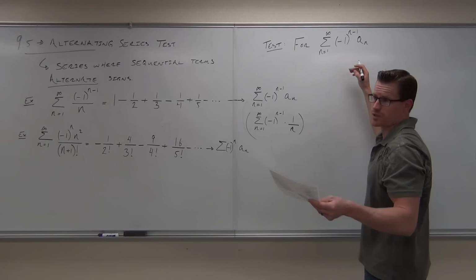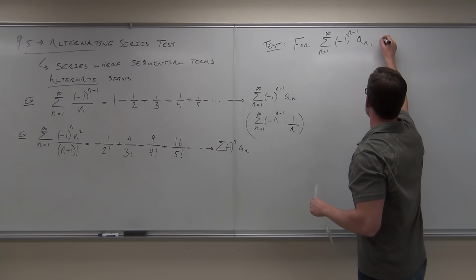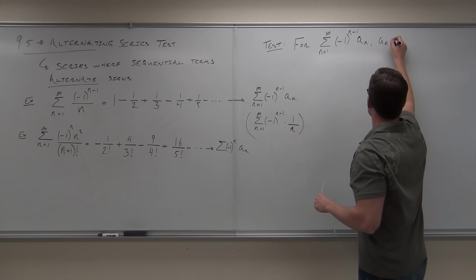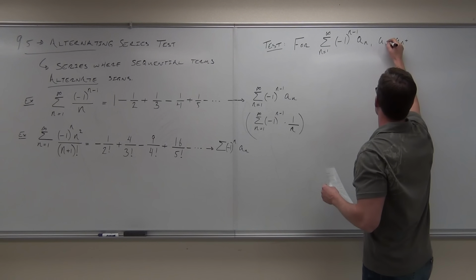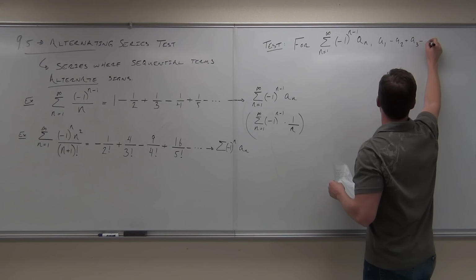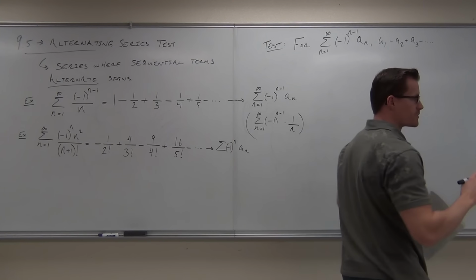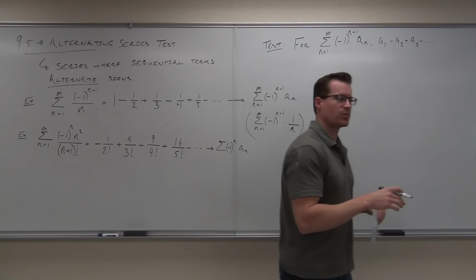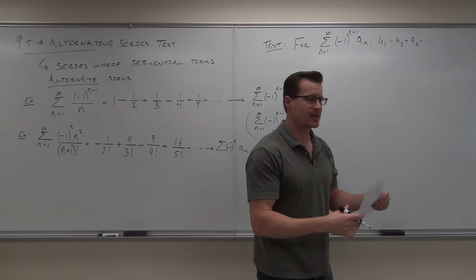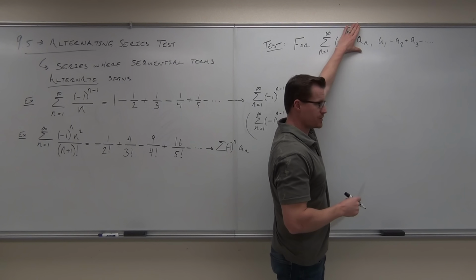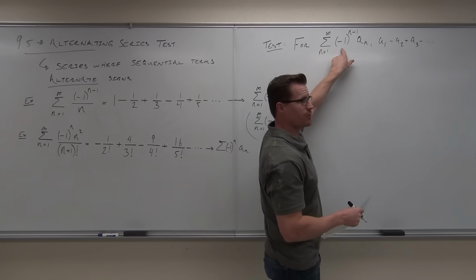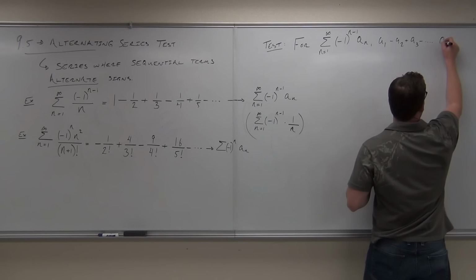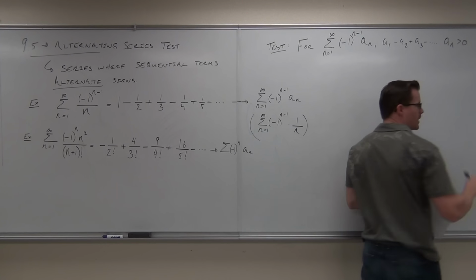Okay, this series, of course, if you wanted to write the first few terms, would be a sub 1 minus a sub 2 plus a sub 3 minus blah, blah, blah, all the way till we get to a sub n. Also, what I want to tell you is that a sub n itself is positive terms. Does that make sense? The only thing that's making this negative is that negative 1 to a power. So a sub n is also positive.